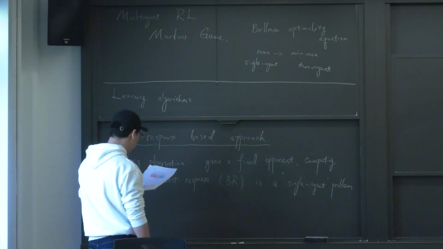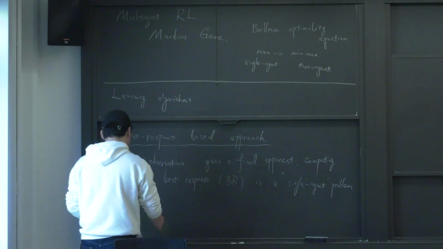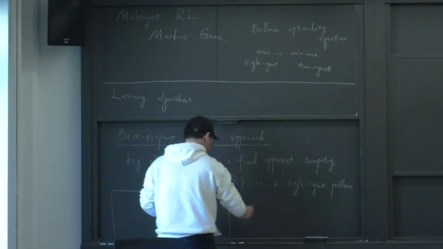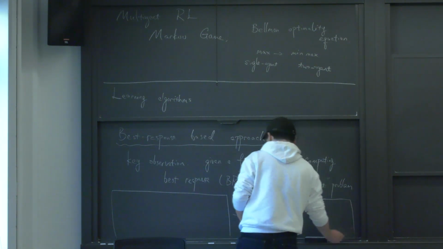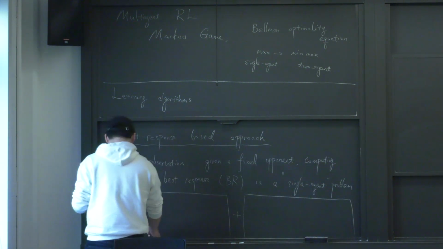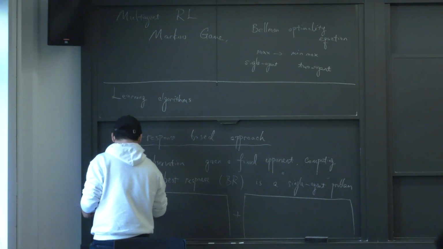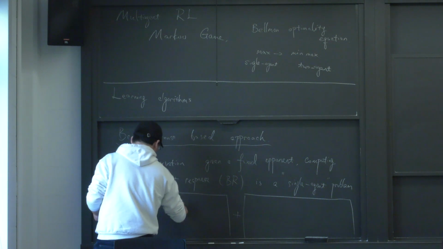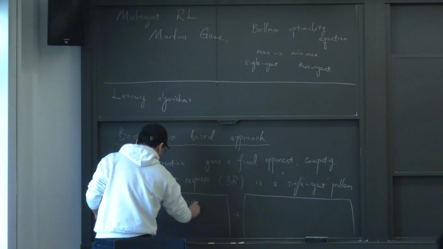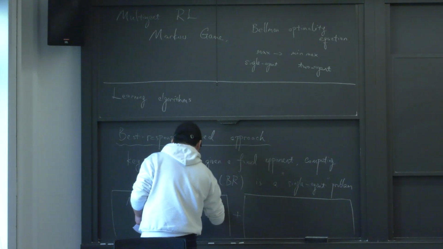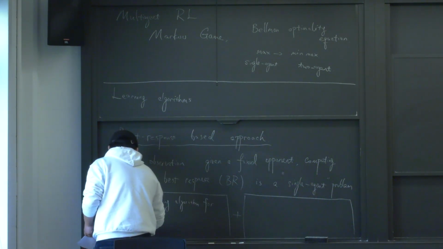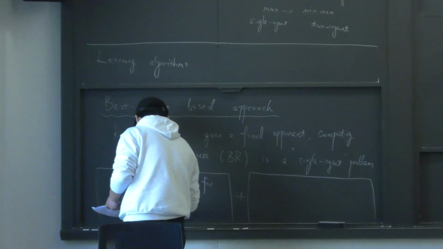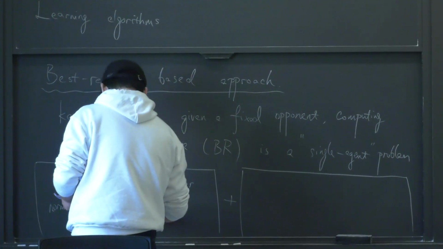For this type of approach, we have two components essentially. The first one is a Nash finding algorithm for normal form game with best response oracle.